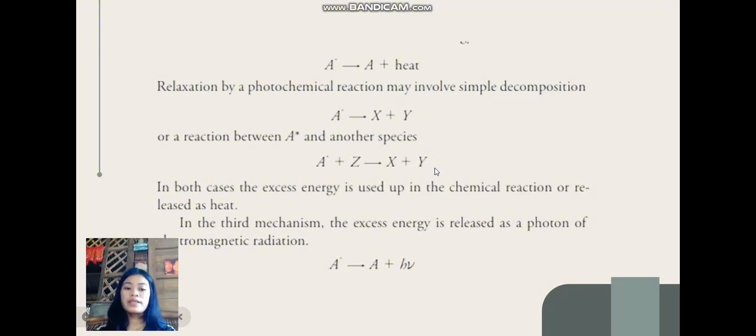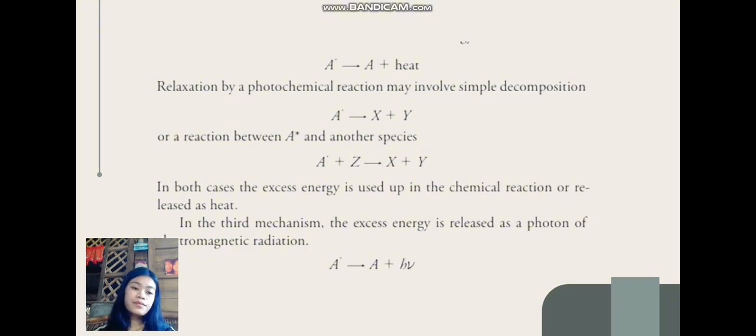In both cases, the excess energy is used up in the chemical reaction or released as heat. In the third mechanism, the excess energy is released as a photon of electromagnetic radiation.